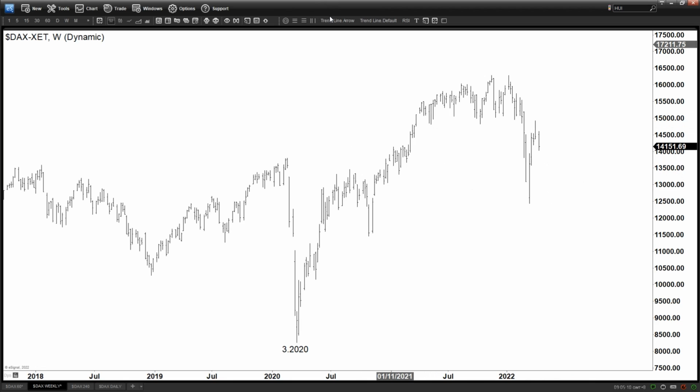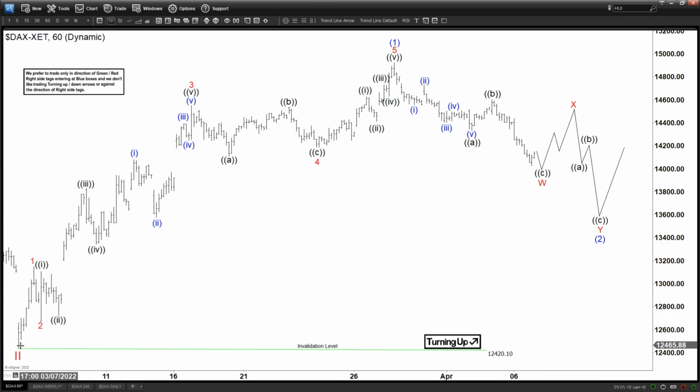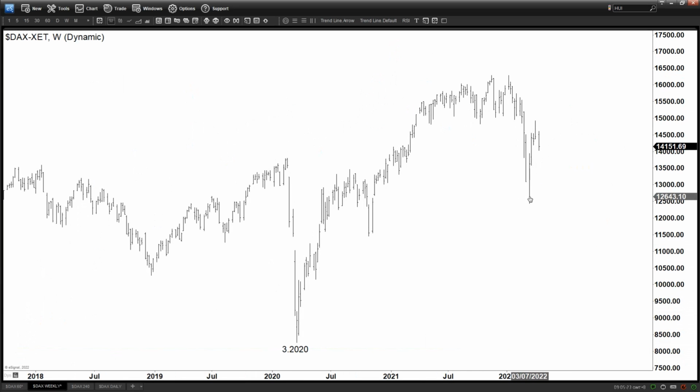Now, if you take a look at this rally from here, that does look like a 5-wave impulse. Again, going back to the 1-hour time frame, this is the rally from this low here. This is really based on what you think. Do you think this looks like a correction to you, or do you think this looks like an impulse to you?